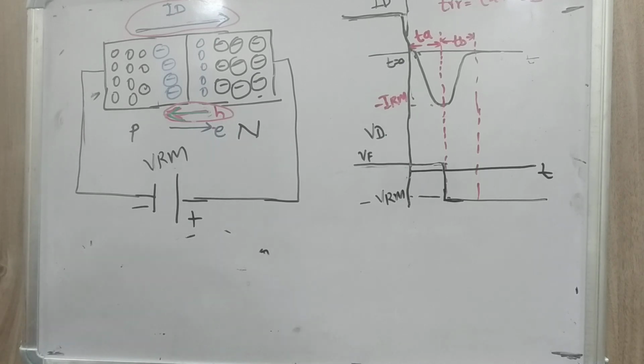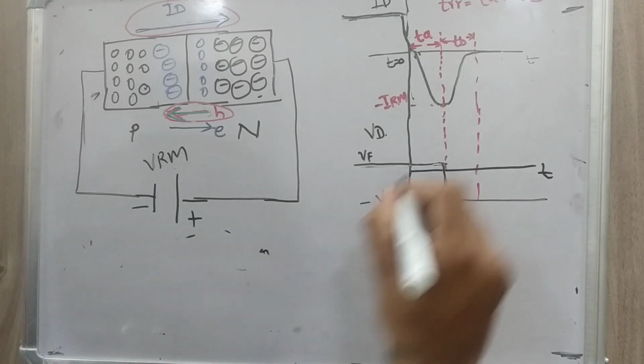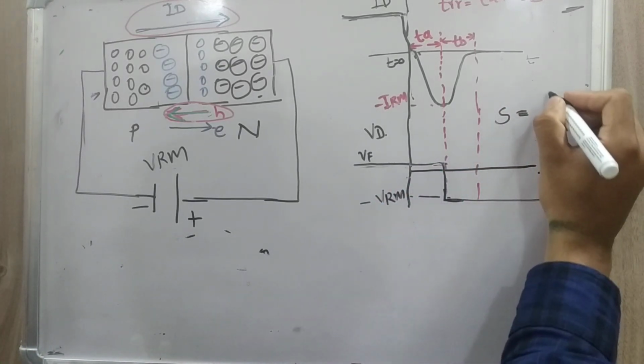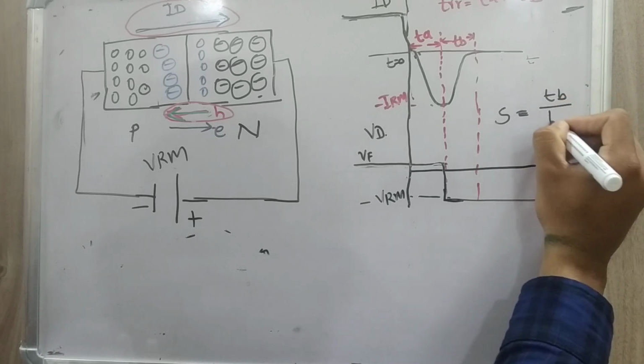In some diode datasheets, there is another term defined, the softness factor. The softness factor S is defined as the ratio of TB by TA.